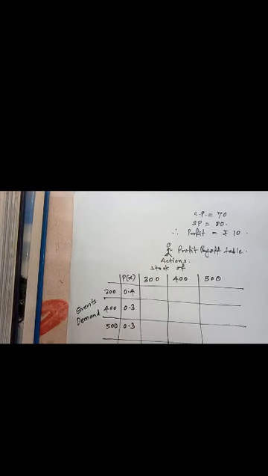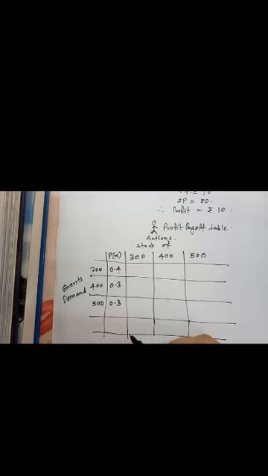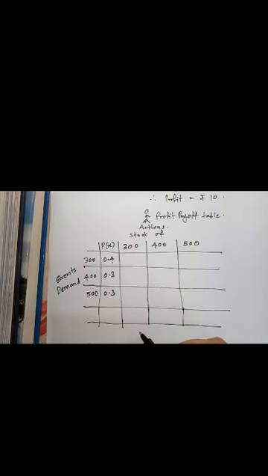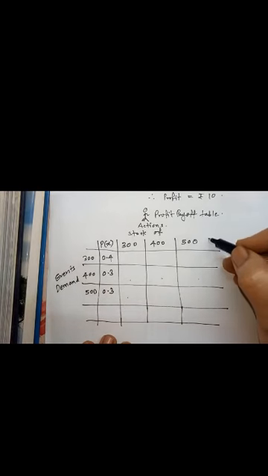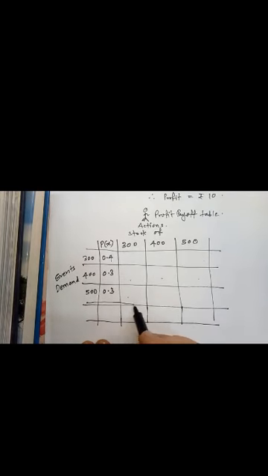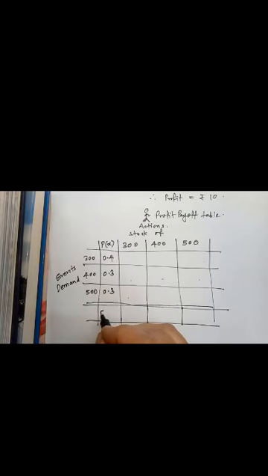Now many books have shown different methods for preparing this table, but I will explain a very simple method where no separate calculations are required. You can do the calculations directly in the table itself. Just try to understand. There are 1, 2, 3, 4, 5, 6, 7, 8, 9 boxes we need to fill first, and the EMV will be calculated over here in this particular row.